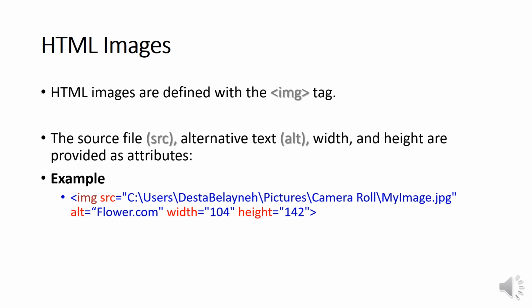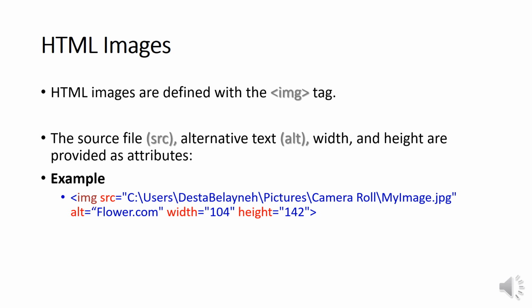So the src and the alt: the img is simply the tag, and the src is the attribute that shows the destination of that image, where that image is. For example, on my computer there is this user and so on, then slash camera and slash camera, there is my image.jpg. I just showed the source of my image using the src.